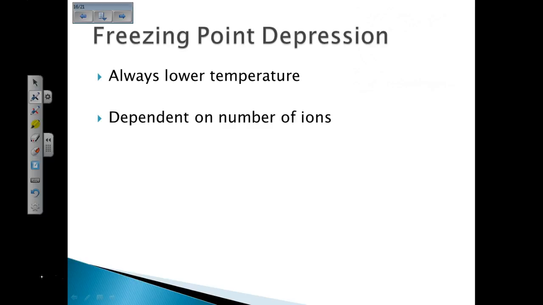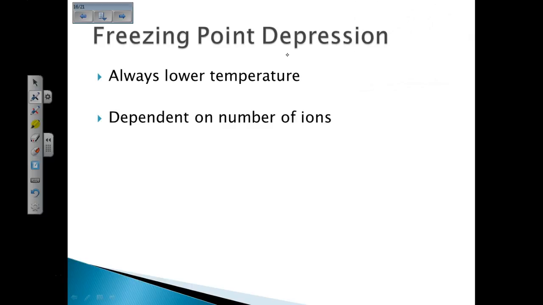So, freezing point depression is what happens to the freezing point when you add a solute to a solvent. No matter what we do, because of the properties of the solution, the freezing point is always going to go down.